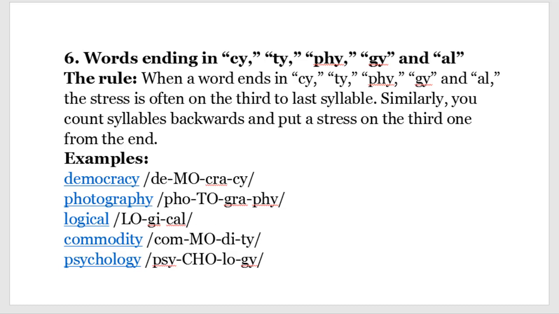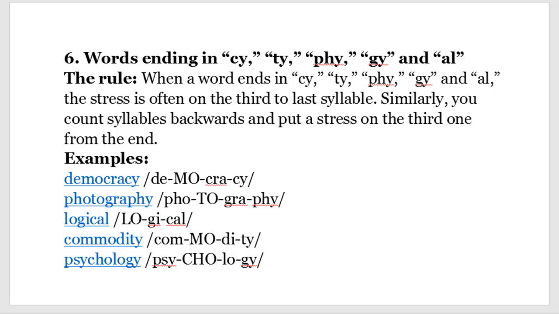6. Words ending in cy, ty, phy, gy, and al. The rule. When a word ends in cy, ty, phy, gy, and al, the stress is often on the third to last syllable.